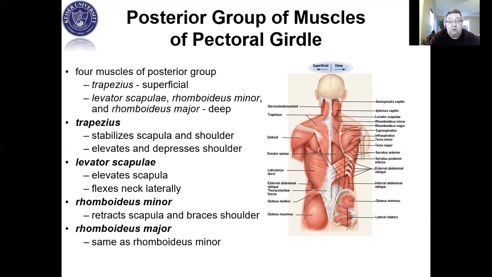So again, when we're talking about rhomboid minor and rhomboid major, I want you to think of it as one muscle. It's just one less muscle that you have to worry about. Okay, so know that rhomboid minor is superior to major, but in your thinking, you're thinking the rhomboids do this, and that's it. All right, so think of the rhomboids as one muscle.